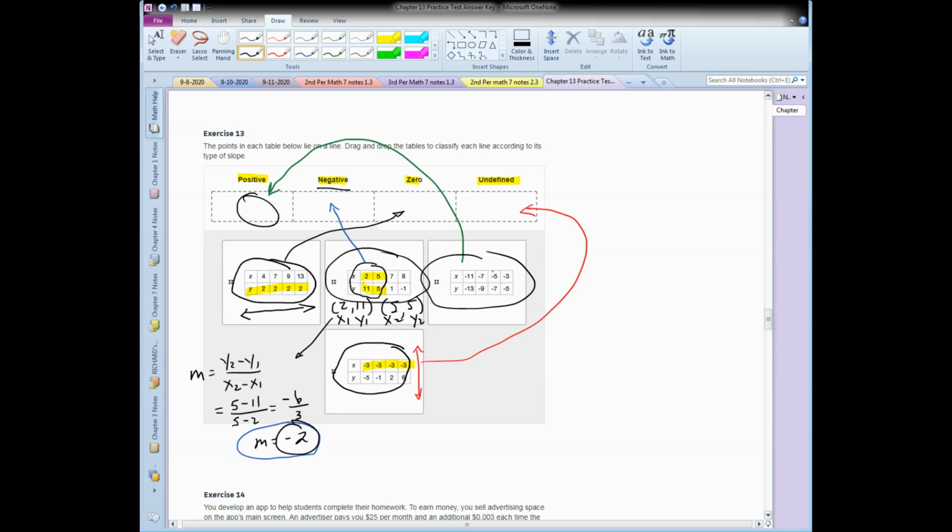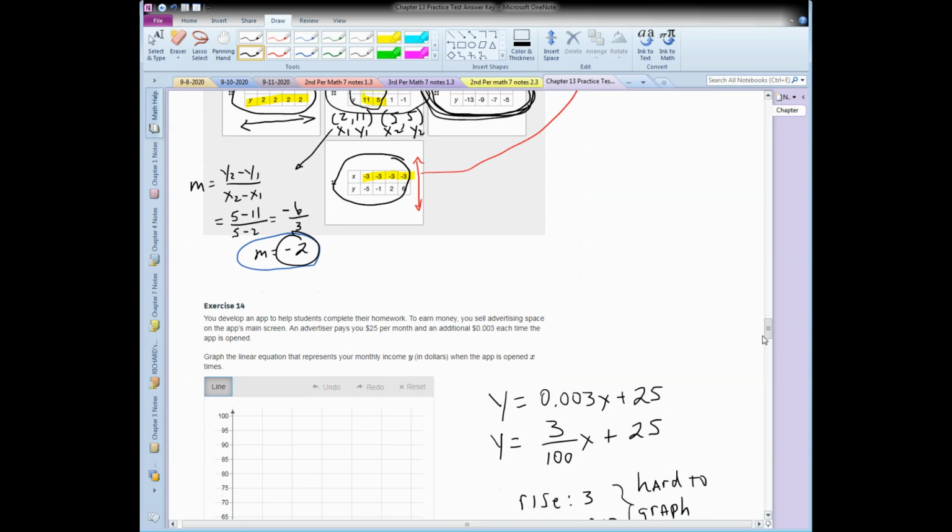All right, so notice I didn't have to calculate the slope here to see that it's positive. You could if you wanted, but you don't have to, because I figured out the answers to the other 3, so the 4th one has to go in the empty spot. All right, so that's a good test-taking strategy.